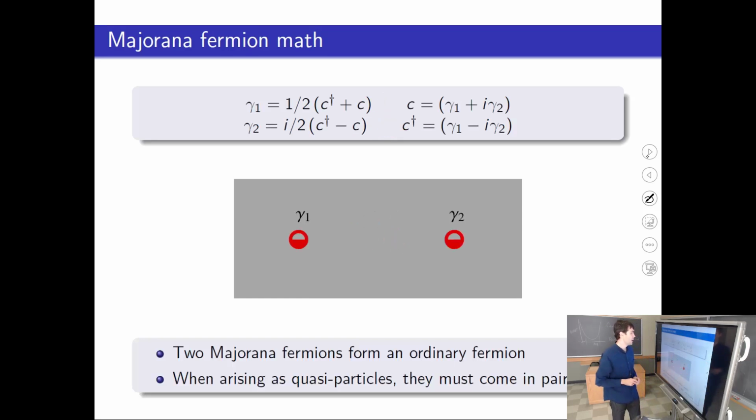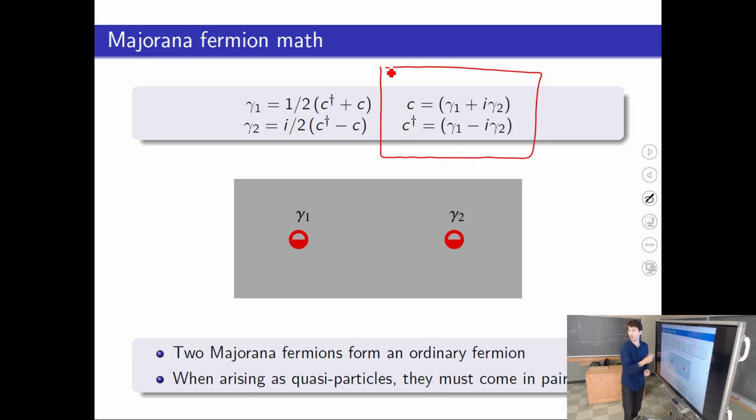And then for Majorana fermions, you have these gamma operators. So what are gamma operators? Well, if we look at the right-hand side here, gamma operators are just responsible for the real and imaginary part of the creation and annihilation operators. So creation and annihilation operators are just some complex number.